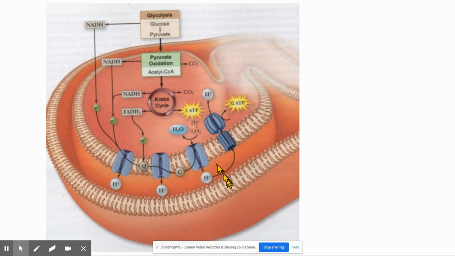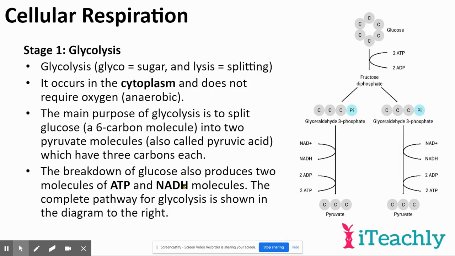But it does have a double membrane, and that's important because it's going to create a gradient here of hydrogen, right? So you're going to have more hydrogen here than over there. So this is going to create a gradient, which is going to require energy in the form of electrons in this case. Okay.